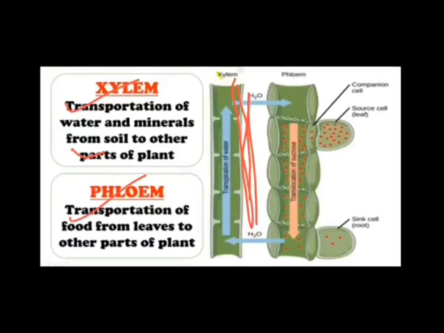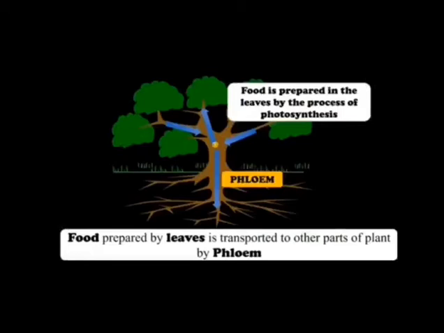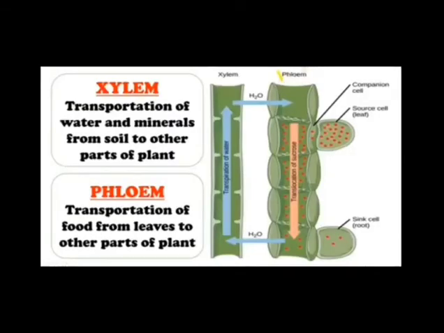We all know that food is prepared in the leaves by the process of photosynthesis, and the food prepared by the leaves is transported to the other parts of the plant through the stem. The stems have special tubes known as phloem, and the phloem helps in the transportation of food from the leaves to the other parts of the plant.